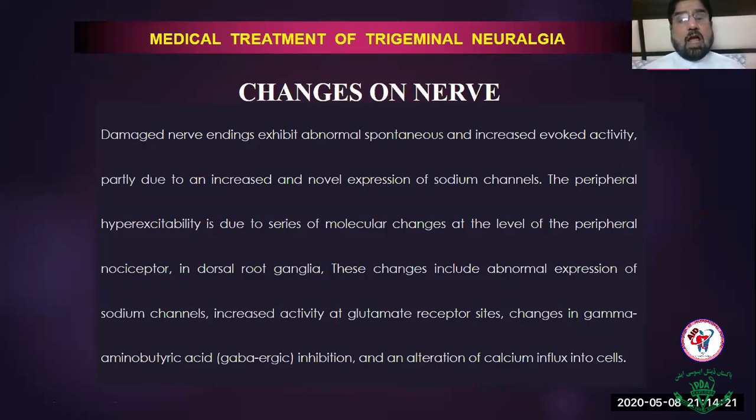Damaged nerve endings exhibit abnormal and spontaneous increase and evoked activity, partially due to increase in expression of sodium channels. In the etiology we have seen that the sodium channels are very much exaggerated and their potential is increased. The peripheral hyperexcitability is due to the molecular changes at the level of the peripheral nociceptors and the dorsal root ganglion, that we have seen, especially in the spinal root.